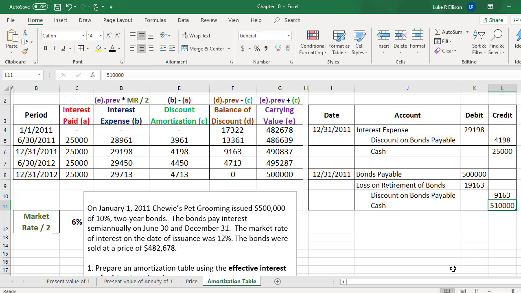So you can already think of that as kind of a $10,000 additional expense. Now, we also were saying earlier that the discount on the bonds payable acts as an addition to our interest expense. So this is going to be $9,163. That was initially going to be recorded as interest expense if we did the rest of the bond's interest payments. But since we're not doing those interest payments, this is going to get absorbed in our loss on the retirement of bonds.